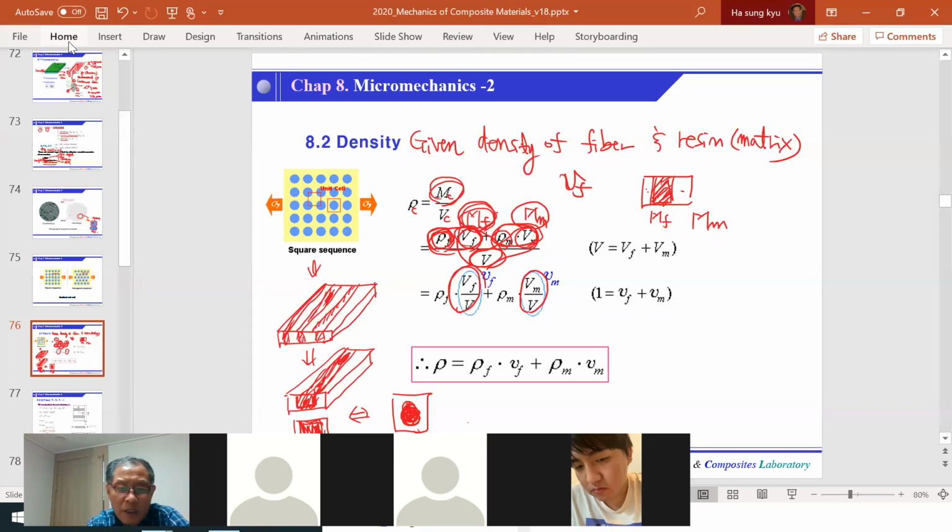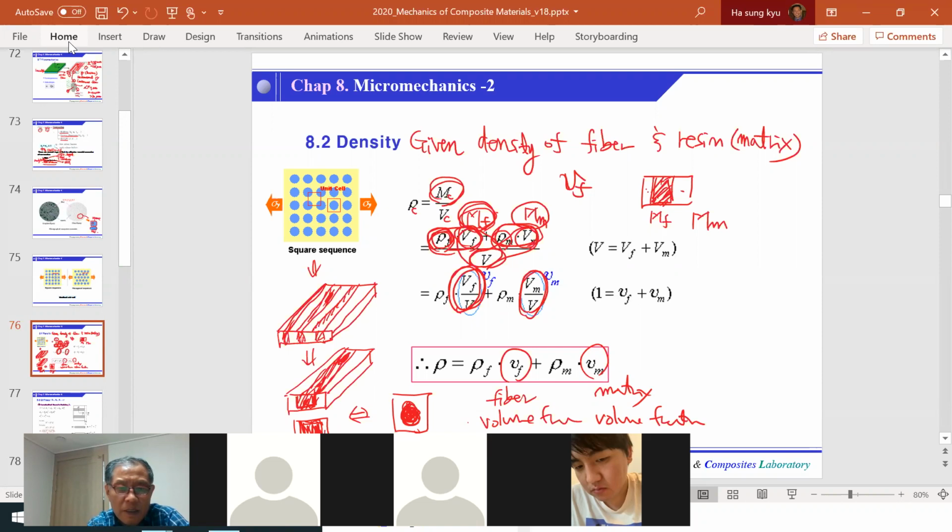And now, what is this one called? Well, the volume of the fiber divided by total volume is the fiber volume fraction. And the volume of the matrix divided by total volume will be the matrix volume fraction, right?